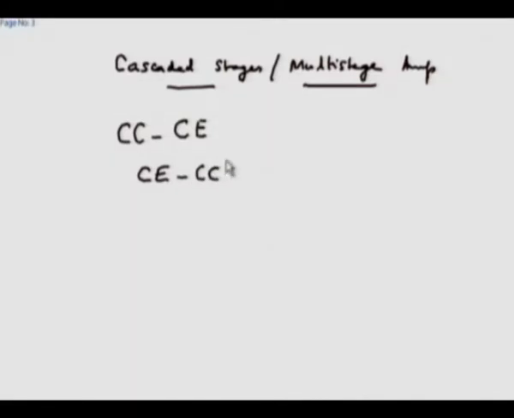Now, there are many such combinations we can do. Interestingly, we can also think of other combinations. One such combination is a CSCE. We know that a common collector, common emitter cascade would give us a fairly high input resistance, but the input resistance is still not that high.